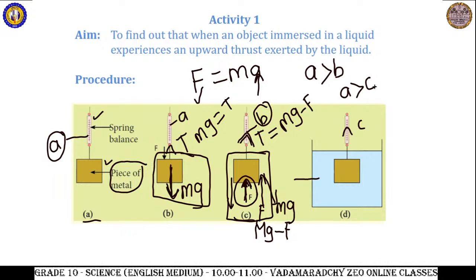So, from this observation, we can confirm that there was an upward force applied by the water on the piece of metal. Okay, is that clear? In instance C, we get a Newton balance reading that is less than the initial one. So from this observation, we can confirm that there was an upward force exerted by the water on the piece of metal.